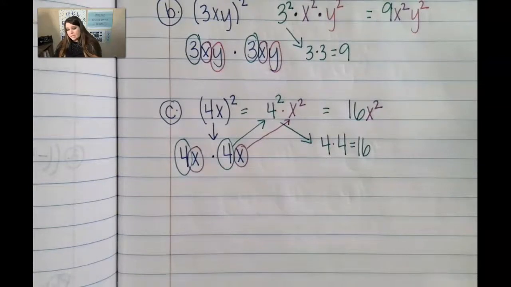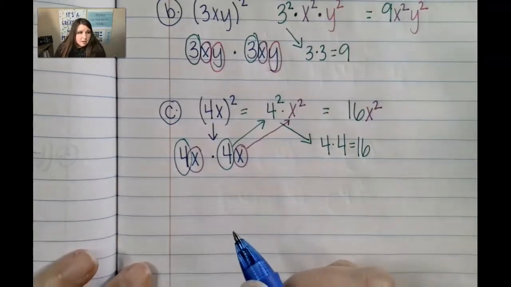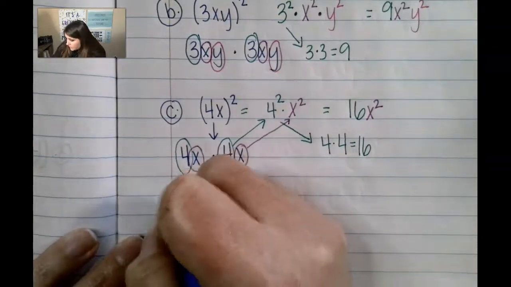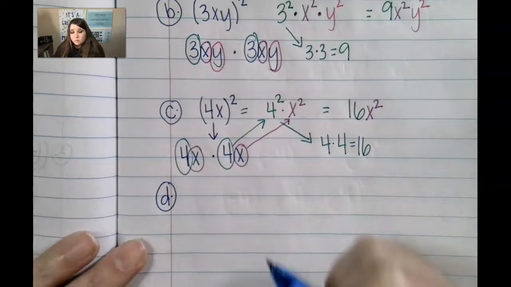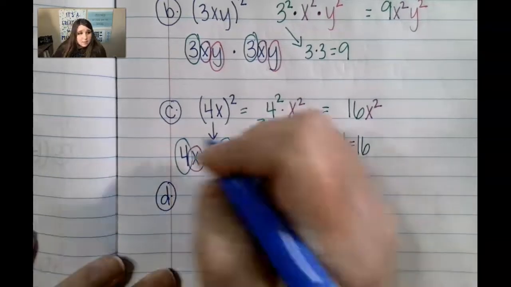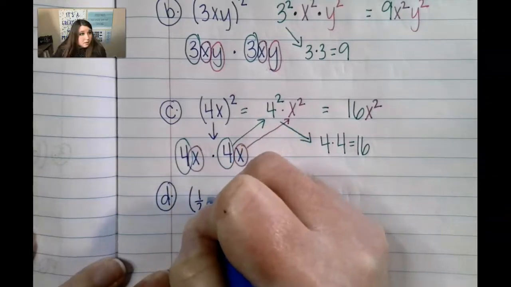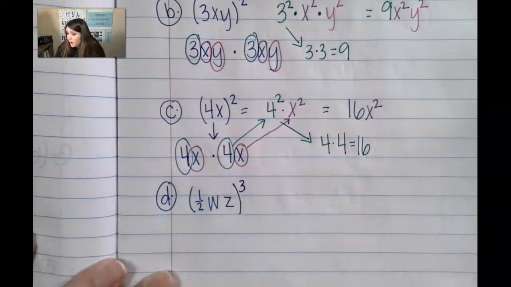Okay, so let's look at one last example before I have you do a try it. In this one, I want to give you a fraction to do. Okay, so example D. Oh, and we still need to do our definition for this one. So in example D, we have 1/2 W and Z to the 3rd power.